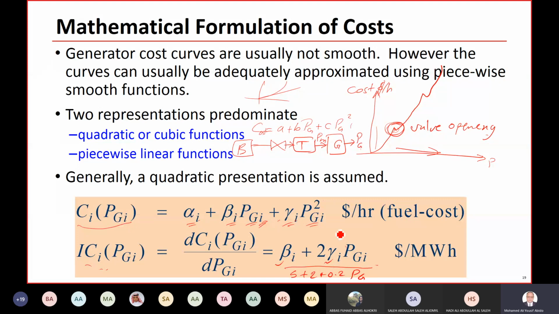You can substitute PG from 11 to 12 megawatts, for example, and you can see how much it costs to generate one megawatt at this level of loading of the generator. The physical meaning of incremental cost is very important, as we will see in more detail later on.